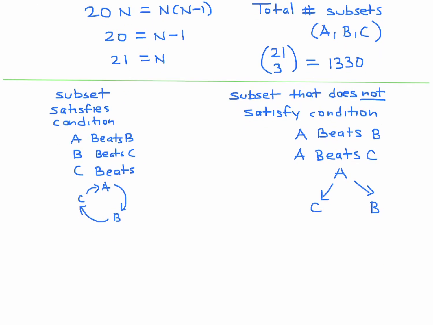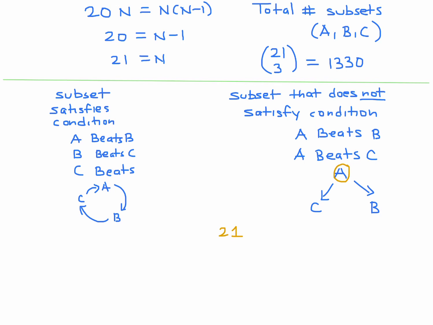So what we have to do is figure out how many are in this category, subtract it from this, and that will give me this. And it's a little bit easier to figure out this, so that's what I'm going to figure out. So how do we figure out this calculation? Well, there's 21 teams in total, right? So for A, I have 21 choices for that first team.